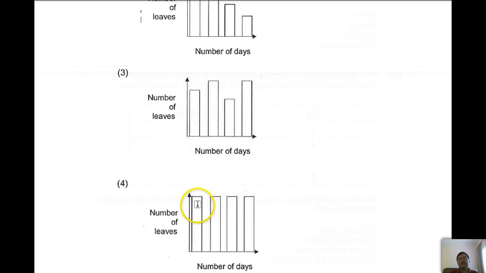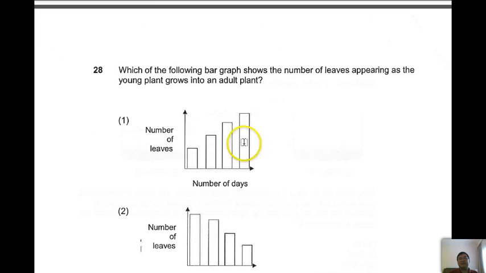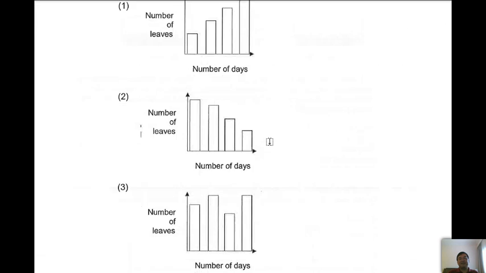And in this one, the number of leaves is still the same. Obviously, nothing else, this is the one. Number 1 is the choice. A small plant has fewer leaves, and the bigger the plant is, as adult plants, they have more leaves, needed to produce more food for the bigger plant.